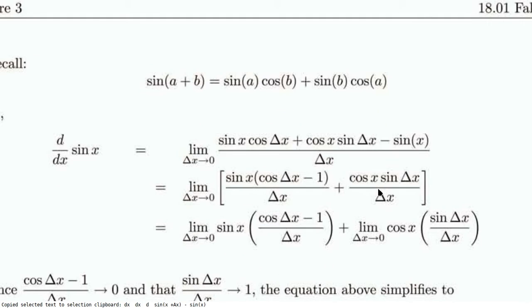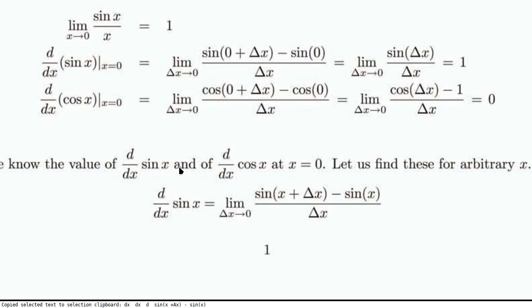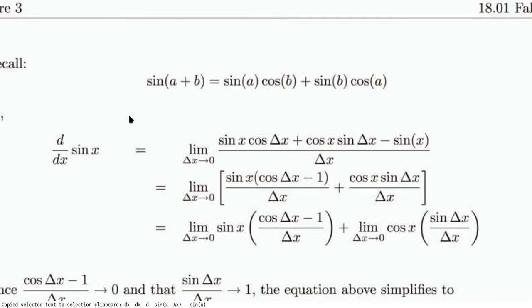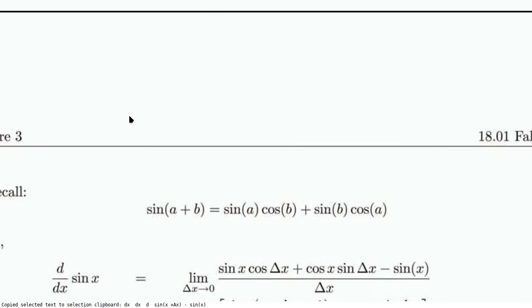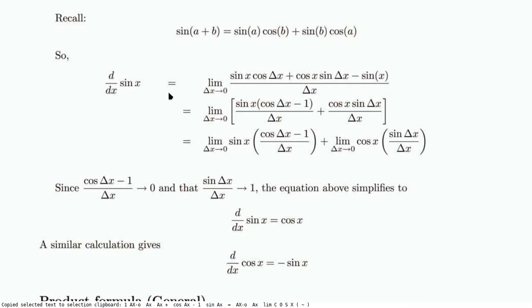You use the previous arguments we had, so actually this also assumes that those limits are true. So minus cos x. Yeah, this goes to 0, this goes to 1. So you're left with d by dx of sine x is equal to cosine x, because this term vanishes as this is 0.